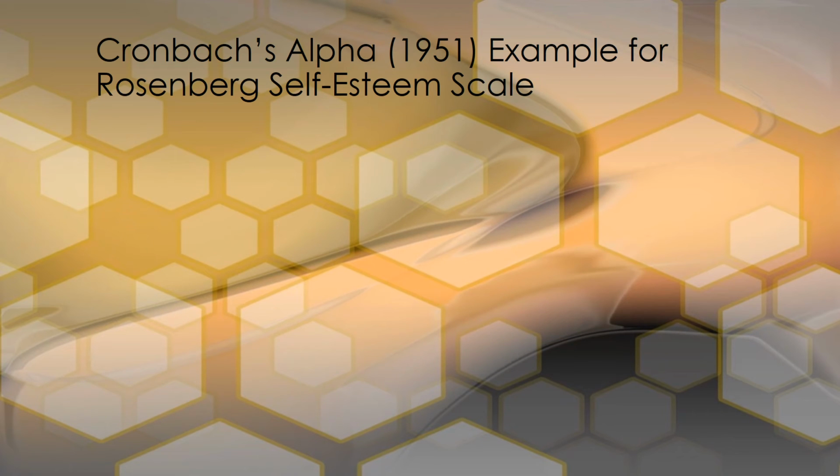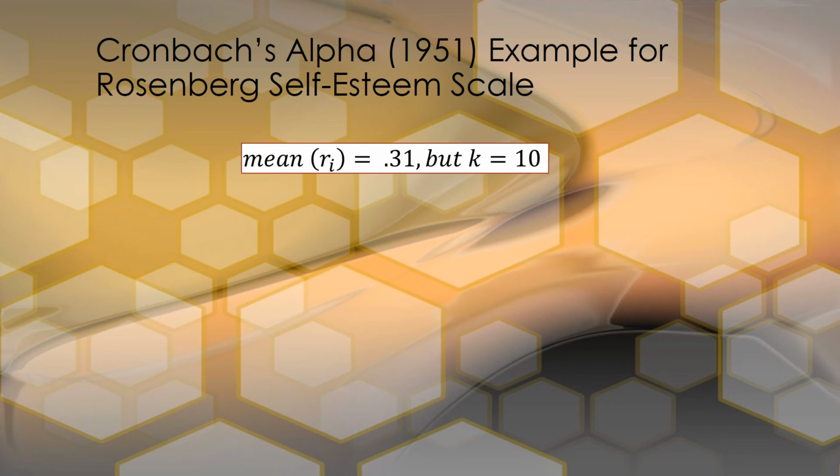So now we're going to go over an example with a 10 item scale. And I have already calculated the mean of the inter-item correlations for these 10 items. And you can see this in more depth in the homework later on, not in the videos. But anyway, the mean inter-item correlation is 0.31 still.